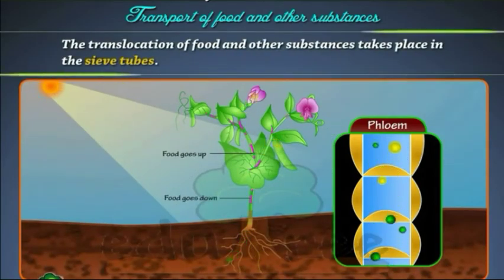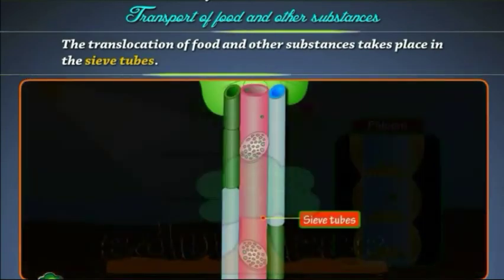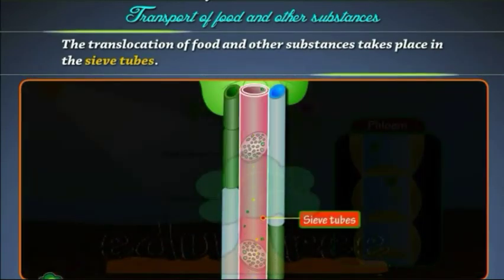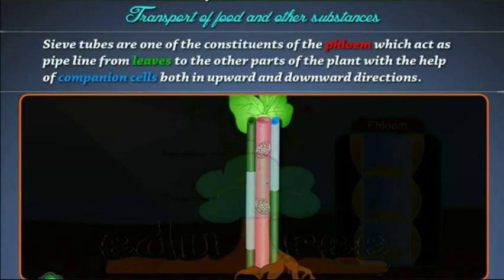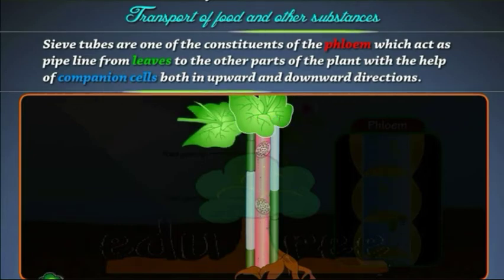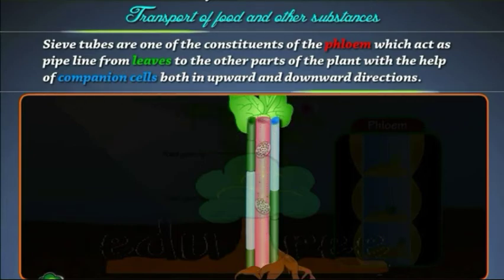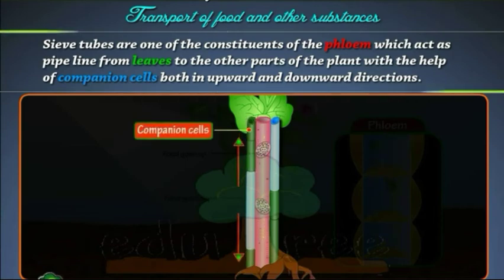The translocation of food and other substances takes place in the sieve tubes. Sieve tubes are one of the constituents of the phloem, which acts as a pipeline from leaves to the other parts of the plant, with the help of companion cells, both in upward and downward directions.